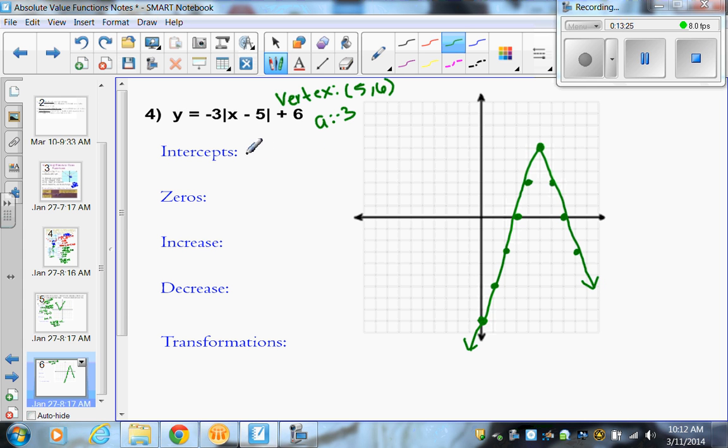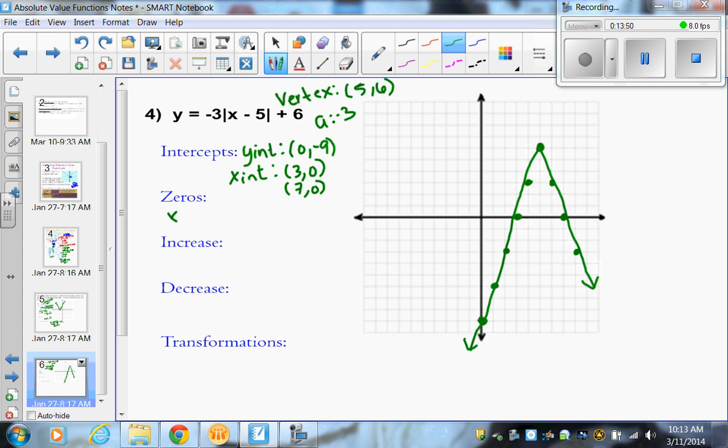So for my intercepts, my y-intercept looks to be at -9. My x-intercepts look to be at 3 and 7.